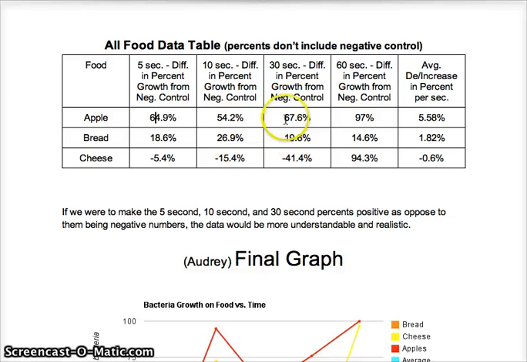Cheese purifies again. At 30 seconds, apples have the most again, and cheese purifies yet again. But for 60 seconds, apples do have the most bacteria, but cheese is right behind it, which is weird because it purifies for the other times.